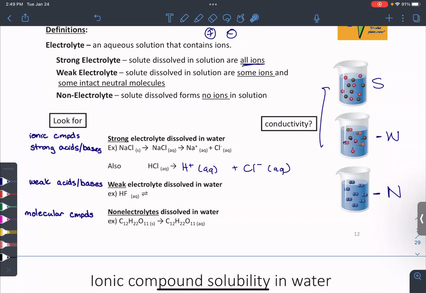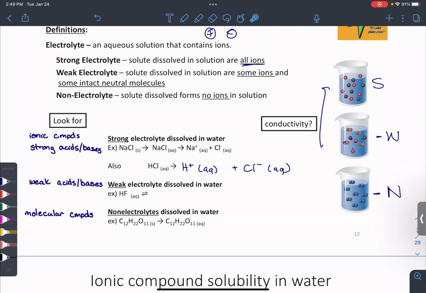So let me just show you the example. Actually, let's talk about a misconception here. I feel like the idea is that water and electricity don't mix, right? But let's look at our criteria. Let's think about pure water.